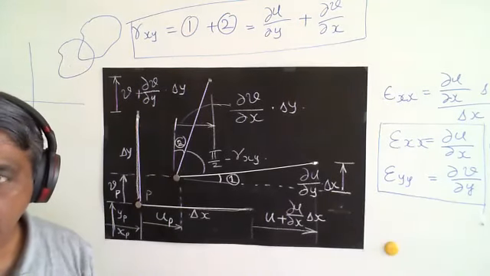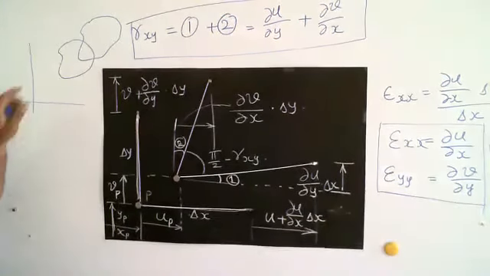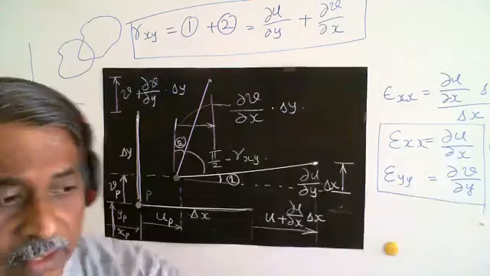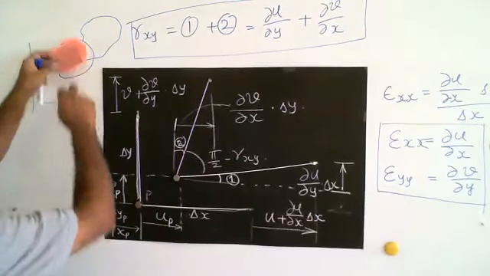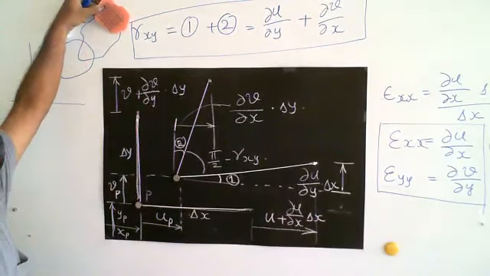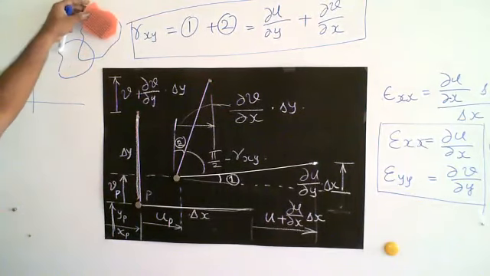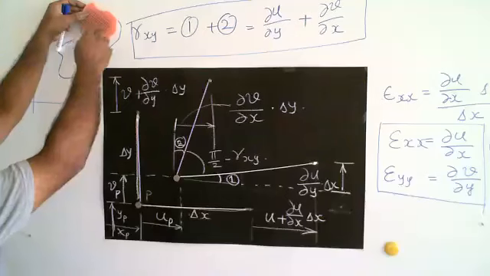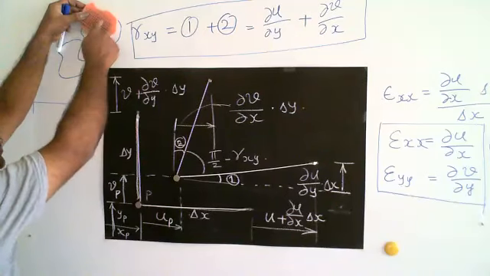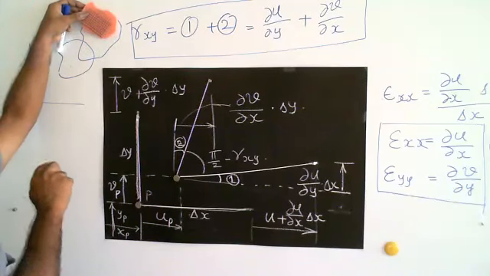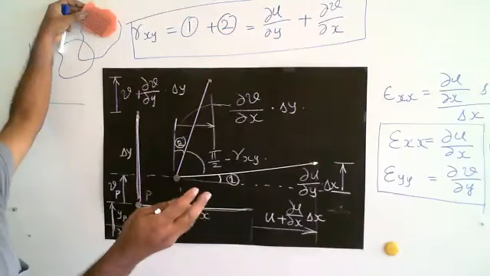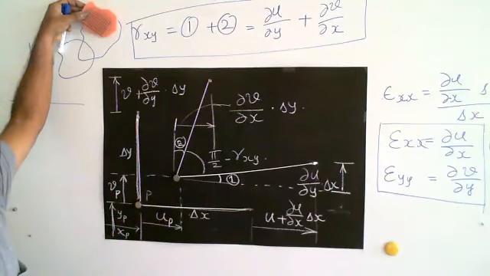Yes. So supposing it is a rigid body, let's say I have this and it has moved to this. What I have to do is remove the rigid body displacement and only consider what elongation has happened. You understood what I'm saying?